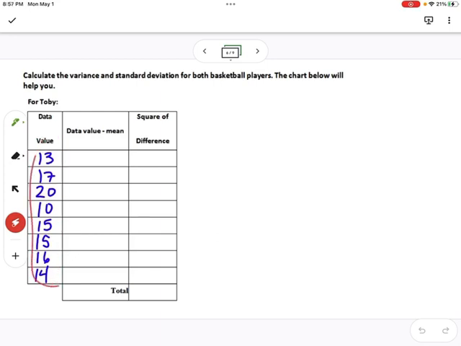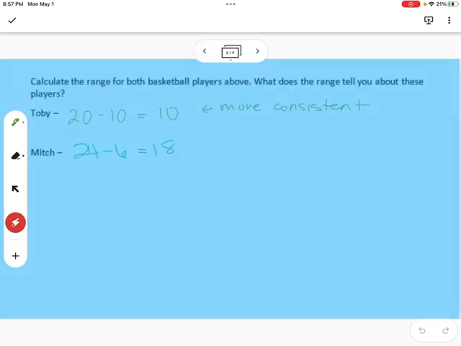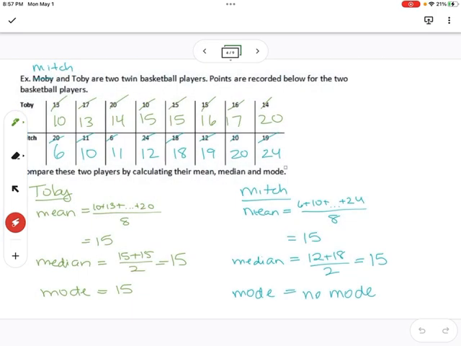To calculate our variance and standard deviation, the first thing we need to do is take the data value, which is these ones, and subtract the mean. So for Toby, our mean is 15.